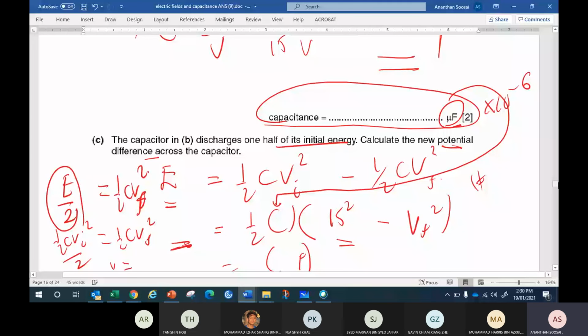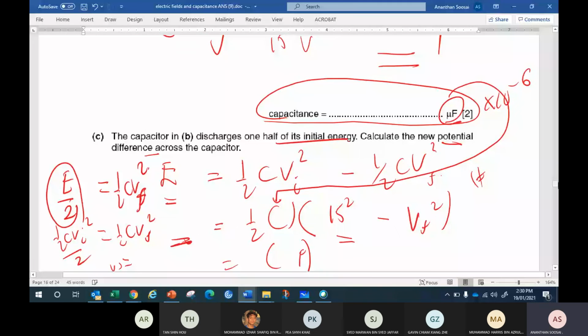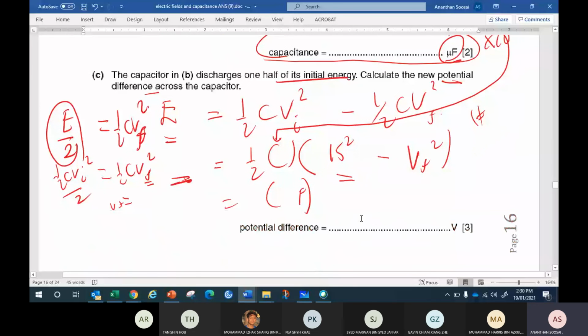You can work out the final voltage. Initial how much? Initial is 15. C, you know, so you can find the final voltage. Okay, any part you don't understand here? The final CV squared must be half of the original energy, the total energy. I think you don't need to use this.